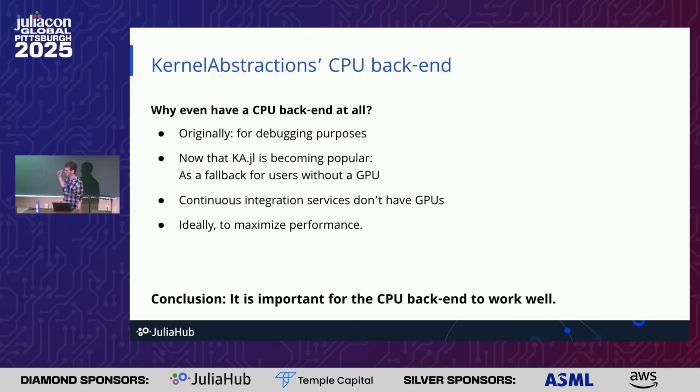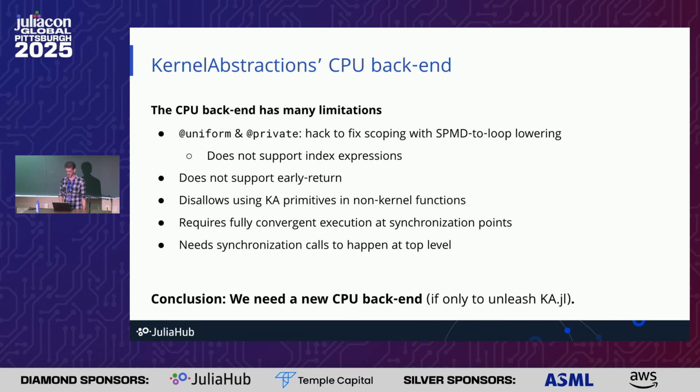So basically, that's just a bunch of motivation why it is interesting to have a CPU backend. But as I explained before, the whole mapping from these SPMD kernels to parallel CPU code that uses for loops is tricky at best. And it also has some implications on the kernel abstractions API.